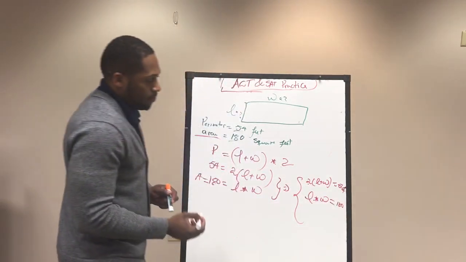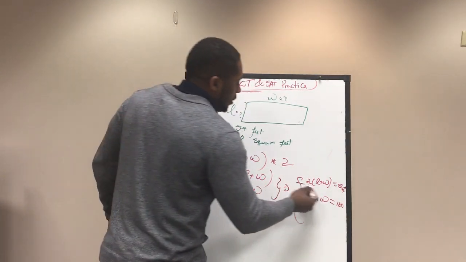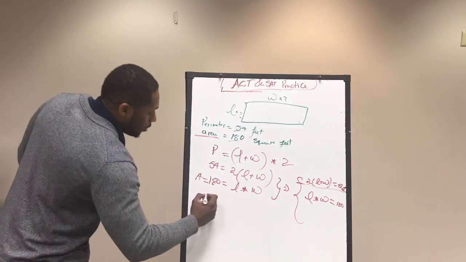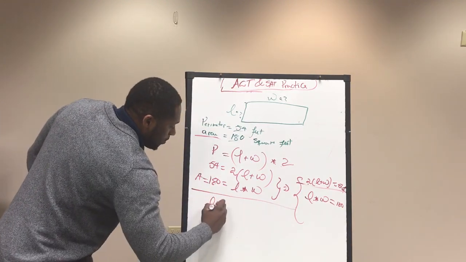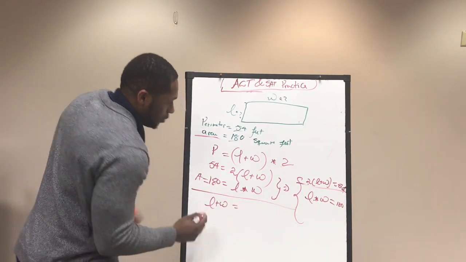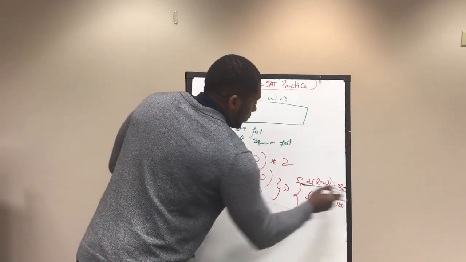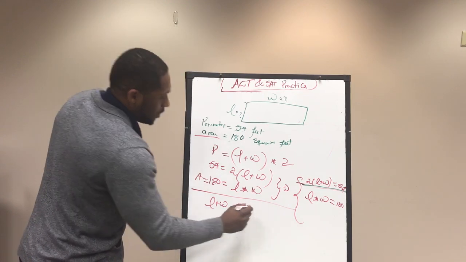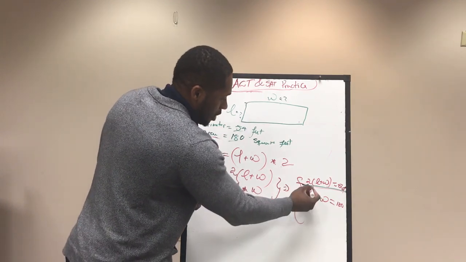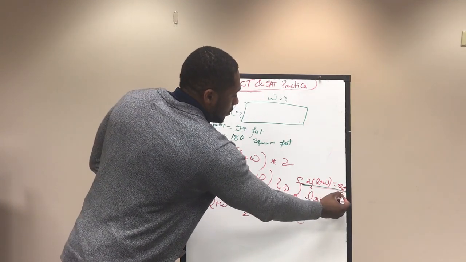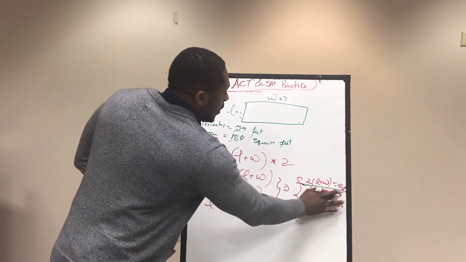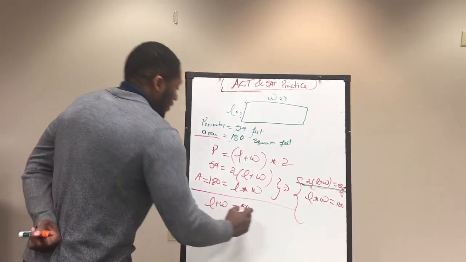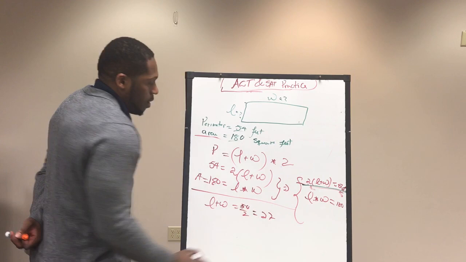Let's divide both sides in the top equation by 2. So we have length plus width is equal to 54 divided by 2. I divide the side by 2, that 2 is gone, and 54 divided by 2 is 27.